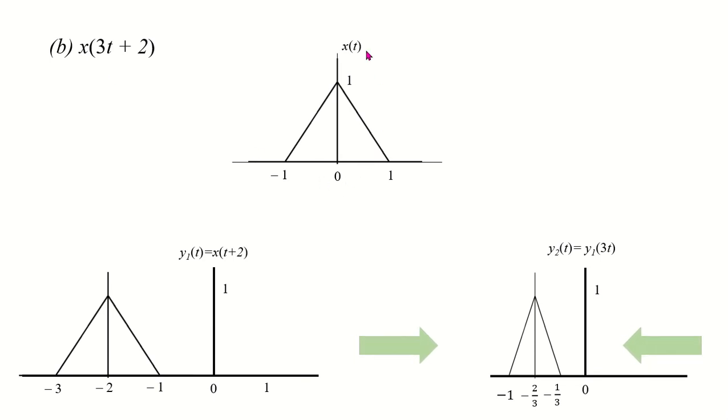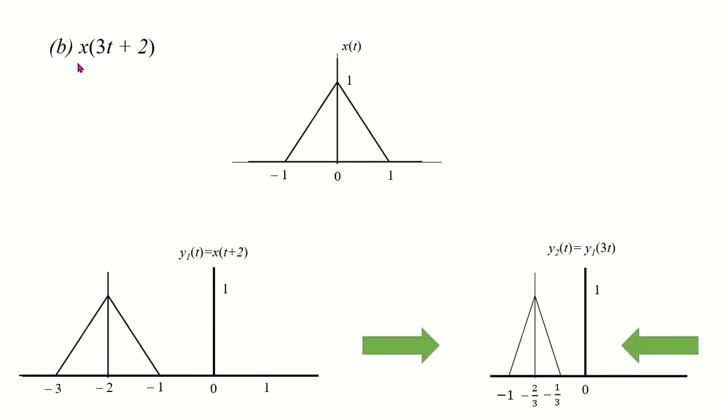For example, if you look at the original waveform, the value of x when t is 0 is 1, which means that if you feed a term 0 inside this bracket, then x(0) is 1.